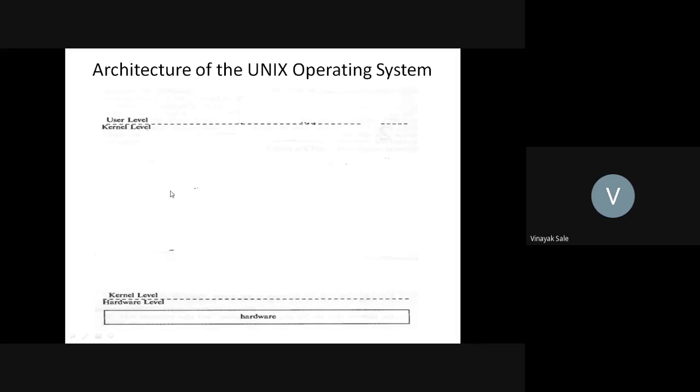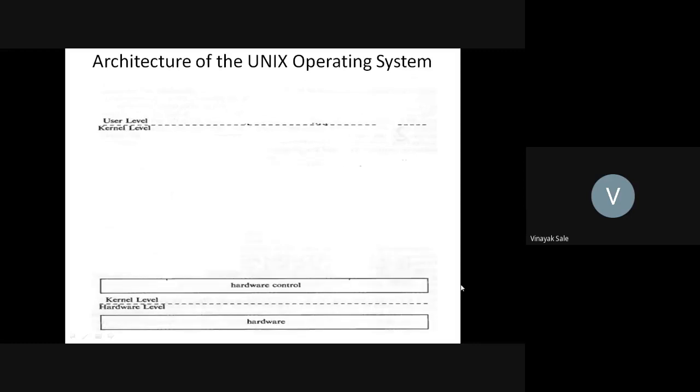In the kernel level there are different system calls or commands. Then below the kernel level there is the hardware level and there is hardware. So whenever a user wants to execute any program, we have to allocate the particular hardware. So there is a hardware control in the kernel level.